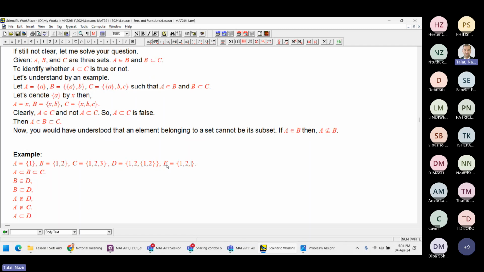You mean which is not a subset, or not belongs? Not a subset. Okay, not a subset.